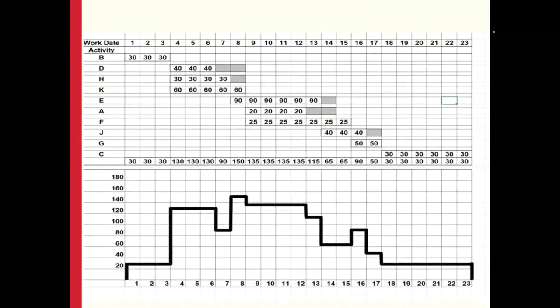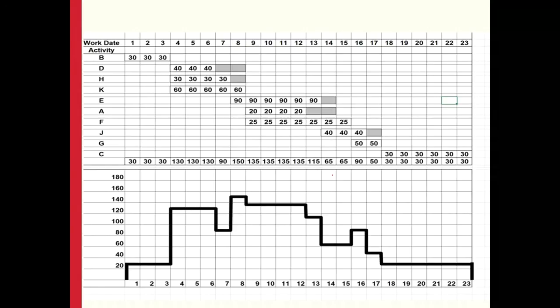So we have loaded our costs onto the bar chart, and here you can see the cost spend, and no constraint has been given here. This is how the cost profile looks.